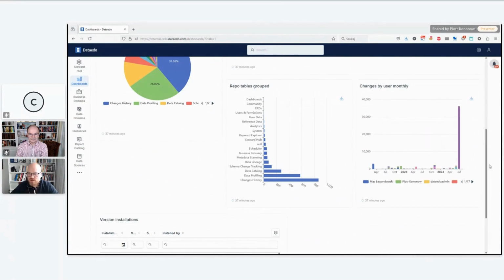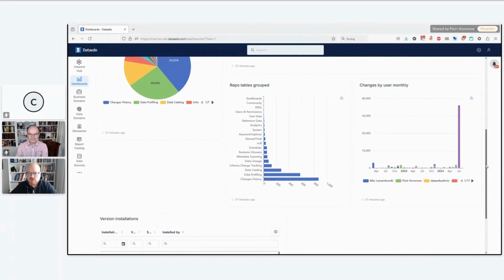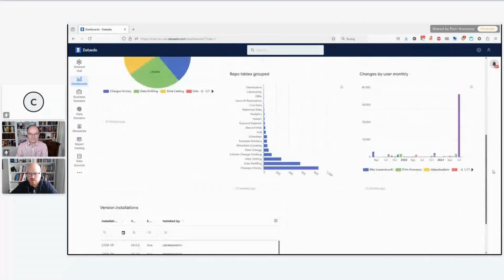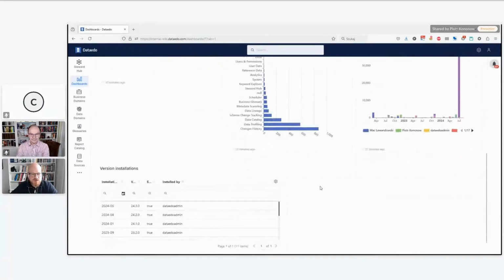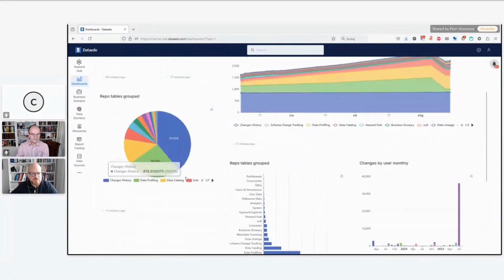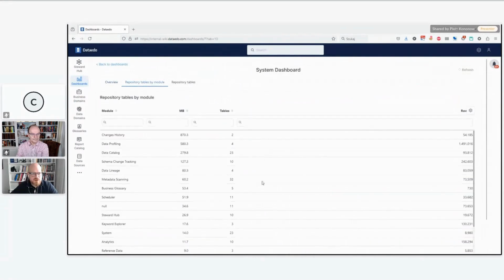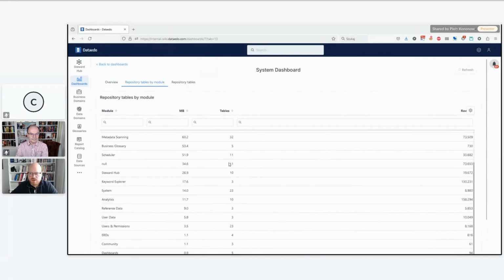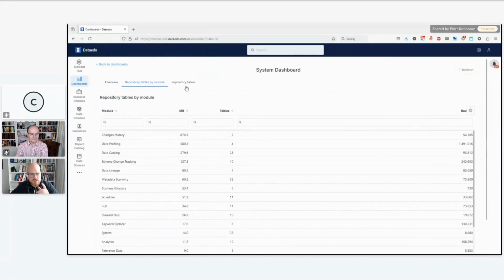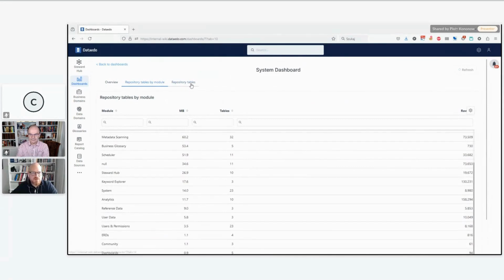That deserves its own section. It's still in progress, so we'll probably present this at the release webinar, along with an overview of the installations. These tabs show you the details of the sizes of particular tables. Yeah, good for the system admin.